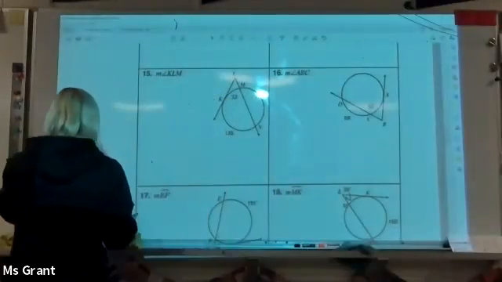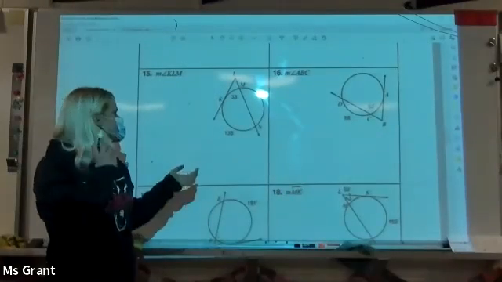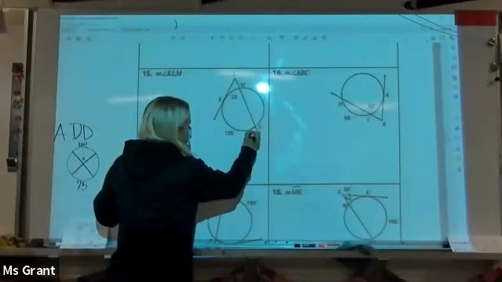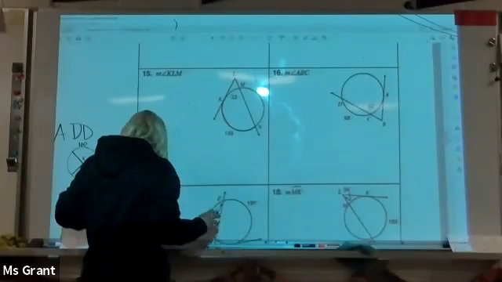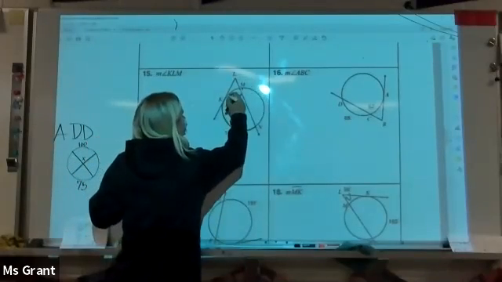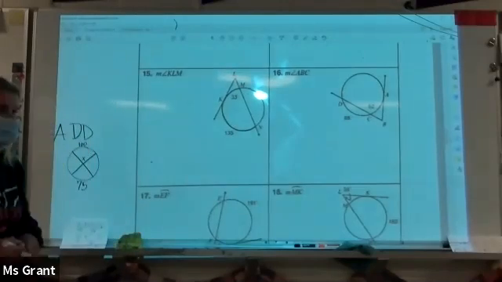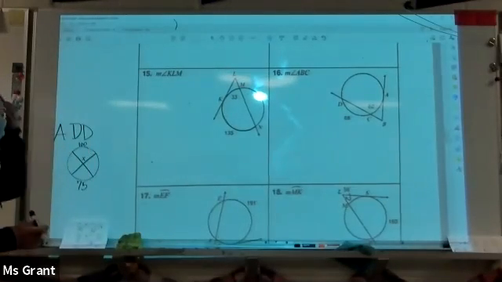So here we go, 15. It's pretty self-explanatory. This is the 135. This is the 33. Okay, set it up.